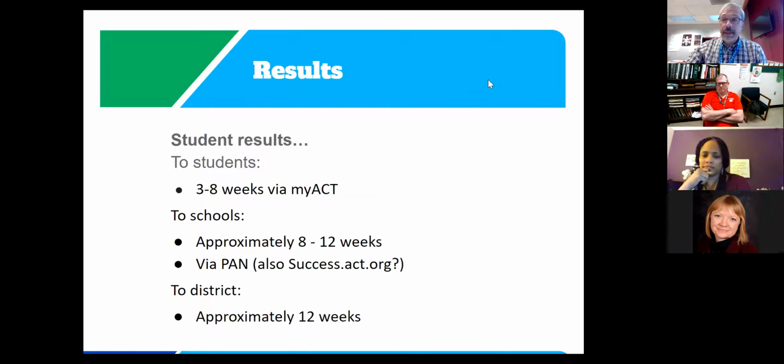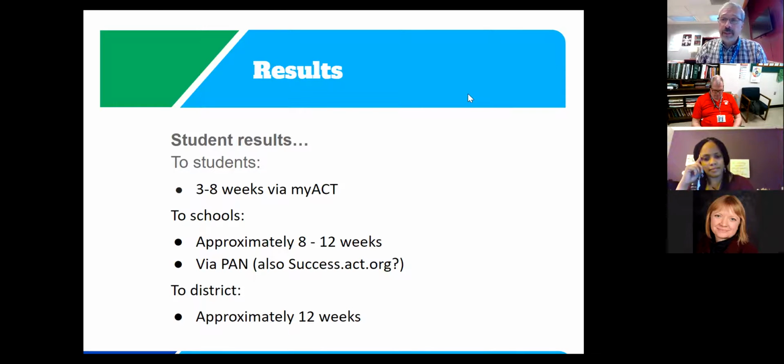Okay, then finally, we get to, so when do kids get results back? For students, 3 to 8 weeks, and it will be in their My ACT account. Depending on how things roll, remember that ACT is constantly, as assessments come in for scoring, going through this.